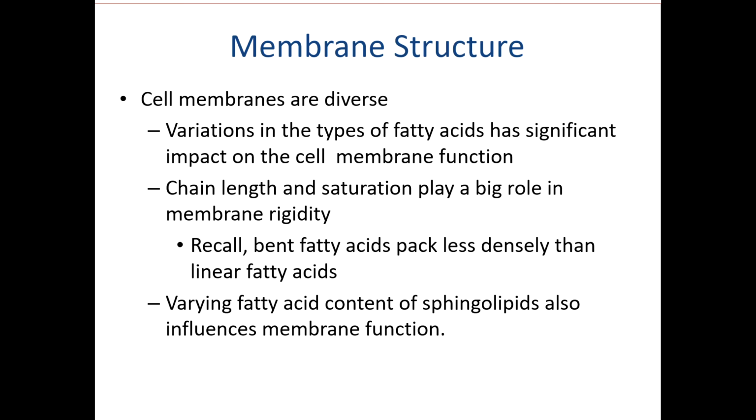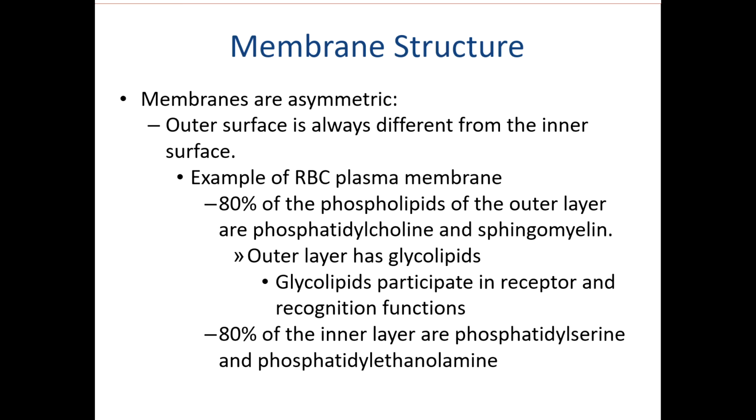Recall that bent fatty acids, the ones that are unsaturated, pack less densely than the ones that are straight. Also, varying fatty acid content of the sphingolipids influences the membrane function. So not all membranes are the same. They're going to have a lot of variability.